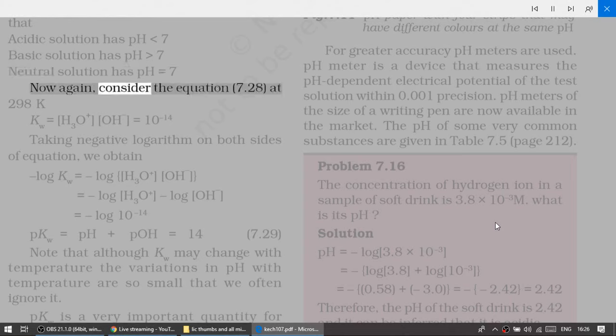Now again, consider equation 7.28 at 298 K: Kw = [H3O+][OH-] = 10^-14.